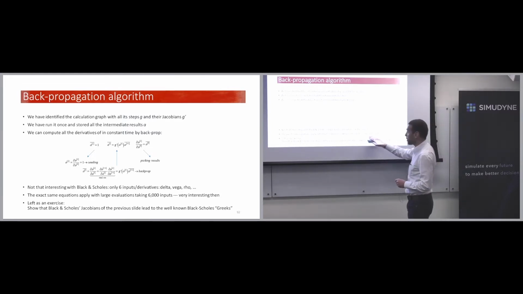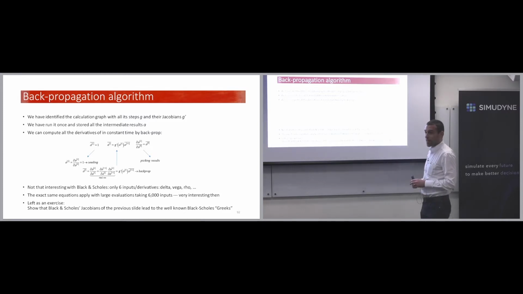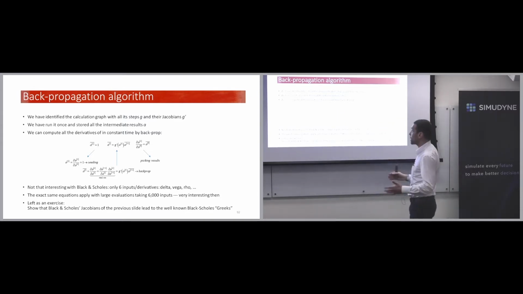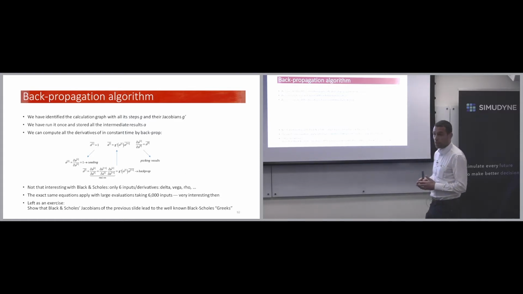And it's very, very interesting then, because you go through the same chain of operations that defines your calculation, and you go through every node only once to apply the adjoint equation in the reverse order, which means that you will get all your derivatives for a cost similar to one evaluation of a function.